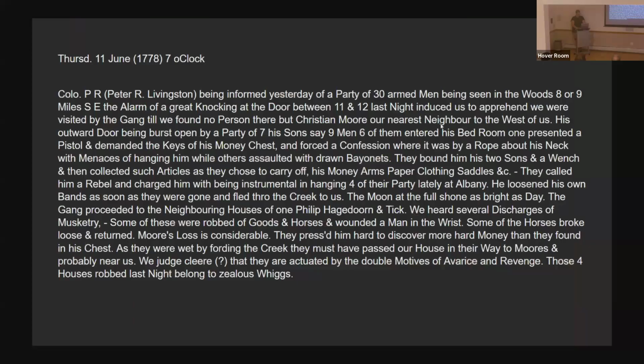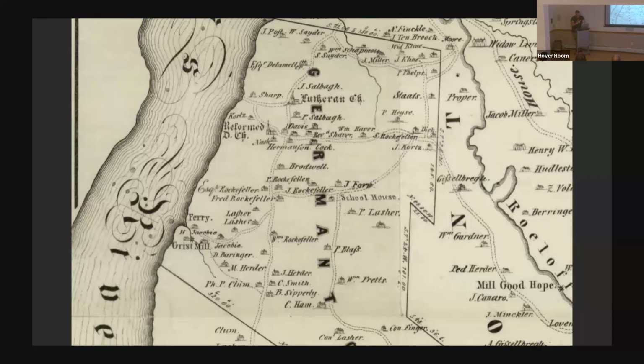Philip Hagedorn, I believe, was in the area here. This is now the Golden Farm on Dales Bridge Road near Eastern Parkway. From the Golden map era on, so 1741, on close to Revolutionary War times, that was known as the Hagedorn Farm.